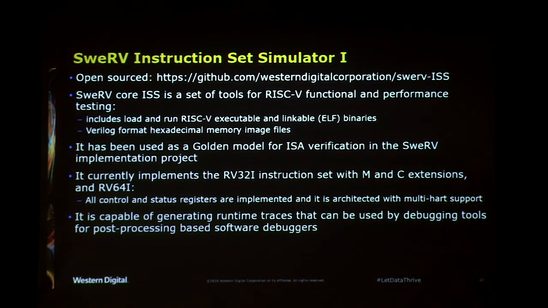The instruction set simulator, I'll skip in the interest of speed. It's available on the Western Digital GitHub. It's implemented by people with hundreds of years of combined experience in building golden models for ISS. It supports a little more than what we need. In addition to IMNC, it supports 64I, and we are preparing to add the B extension as well, which is the bit manipulation instructions.